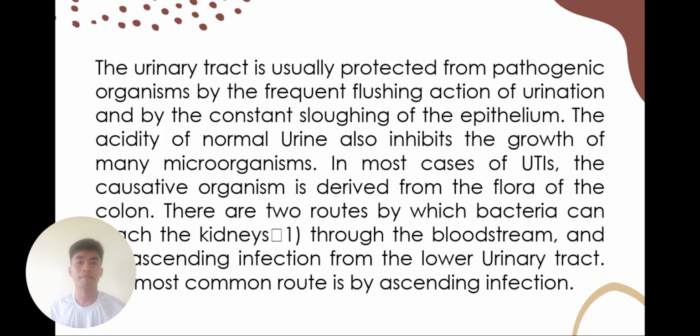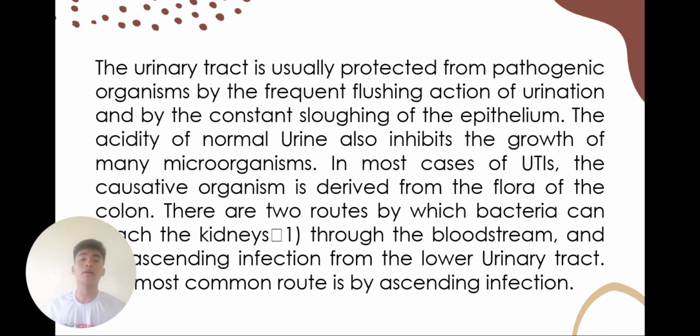The urinary tract is usually protected from pathogenic organisms by the frequent flushing action of urination and by the constant sloughing of the epithelium. The acidity of normal urine also inhibits the growth of many microorganisms. In most cases of UTIs, the causative organism is derived from the flora of the colon.